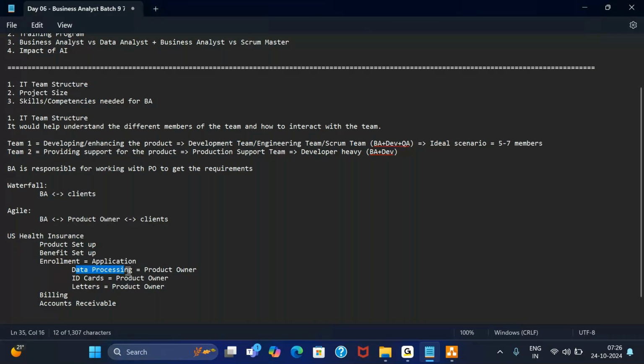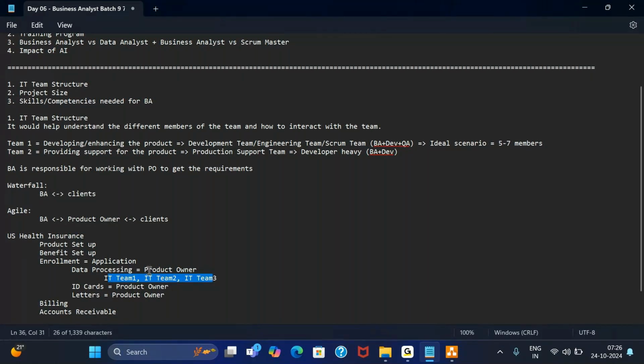So again, under data processing you can have multiple teams. So there could be IT team 1, IT team 2, and then IT team 3. Let's say that under data processing we have 3 IT teams. It's a big huge chunk of work, so that's why we have a lot of teams under it.